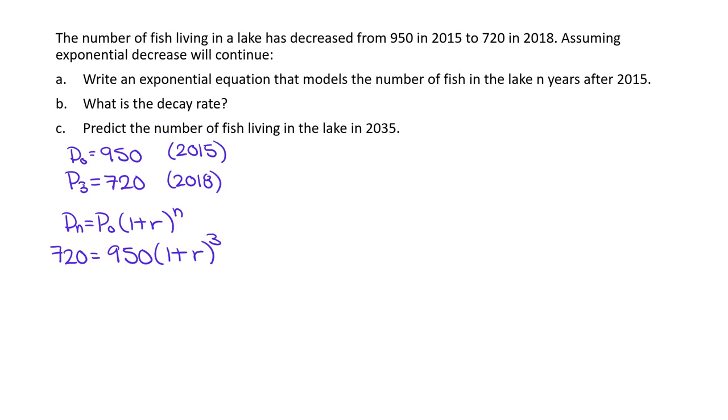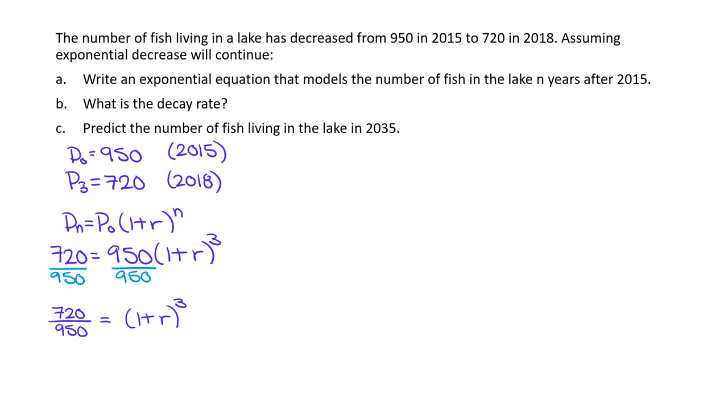So if I want to get the r by itself, the first thing I have to do is divide both sides by 950. We're dividing because the 950 is being multiplied by the 1 plus r, and we always want to do the opposite when we're solving. I'm going to wait to put that into my calculator just because I don't want to get rounding errors in the problem. So I'm going to leave it as 720 over 950 equals 1 plus r to the third. I will use my calculator eventually.